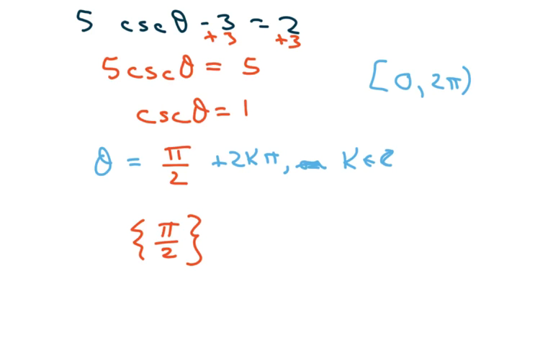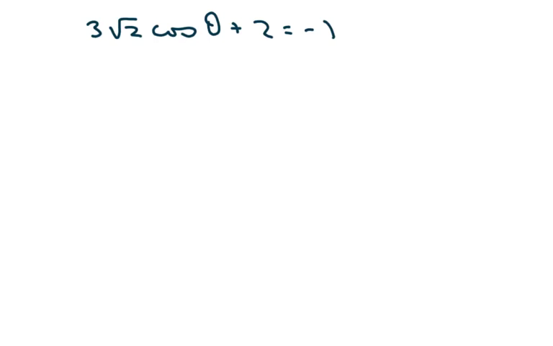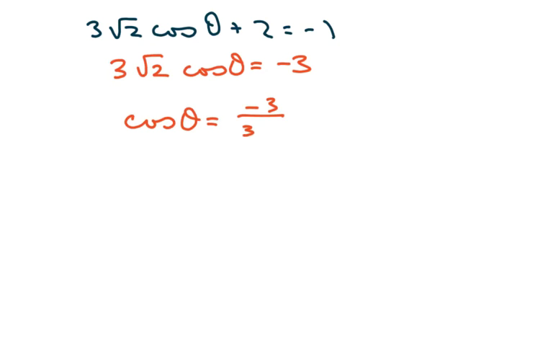All right, we have 2 more. I'm going to subtract the 2, so we get 3 square root of 2 cosine of theta equals negative 3, and divide both sides by 3 square root of 2. That's going to equal negative 1 over square root of 2, because 3 divided by 3 is 1, and we know that's equivalent to negative square root of 2 over 2.